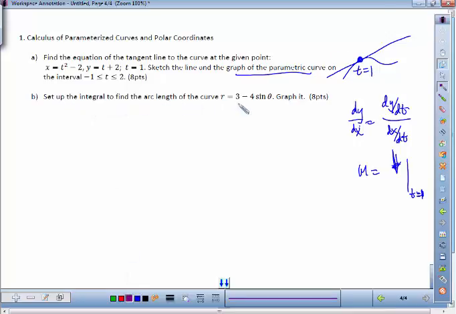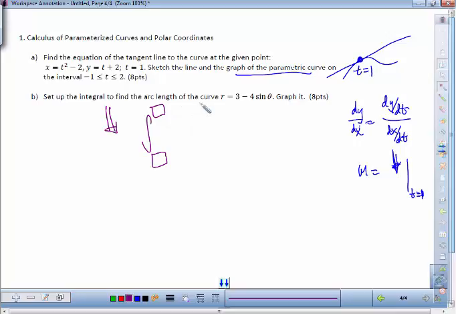1B. Set up the integral to find the arc length of this thing. So usually the hardest part about finding the arc length, because you'll have the formula in front of you, is to find the limits of integration, the A and the B, where it starts and where it stops.